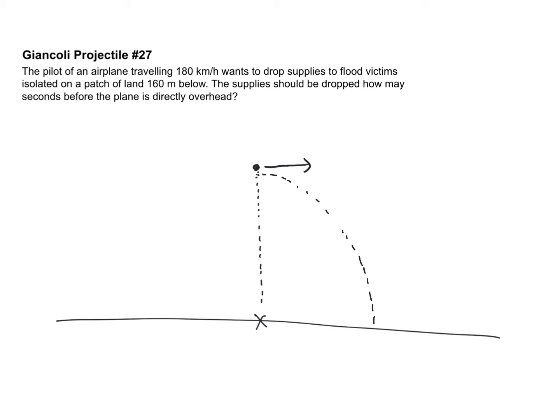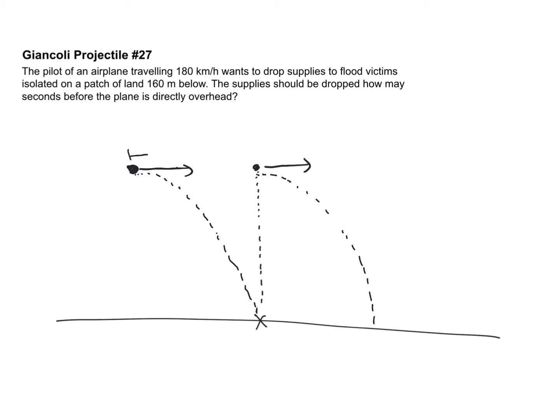So that's not the correct strategy. The correct strategy is actually for the airplane to drop it early. So the airplane's going this way. The airplane's got to drop it early so that the forward momentum of the package as it falls will hopefully hit the ground where it's supposed to hit. So the question is how many seconds?